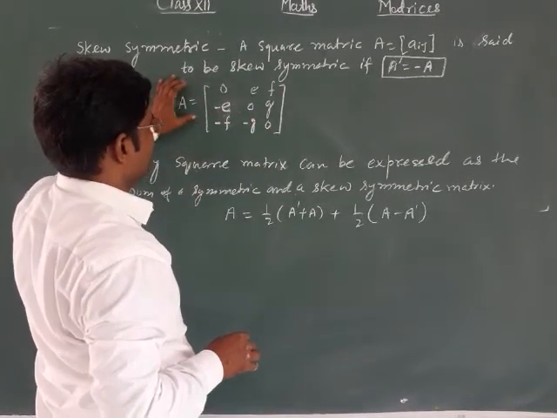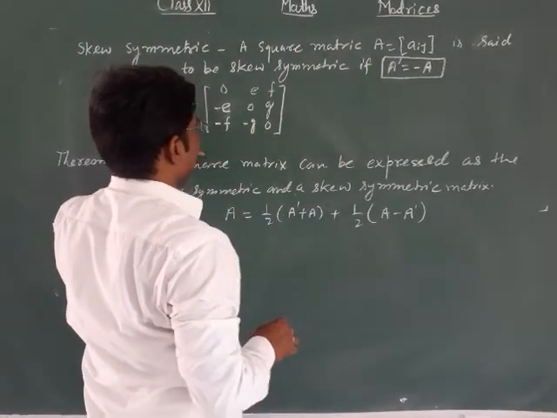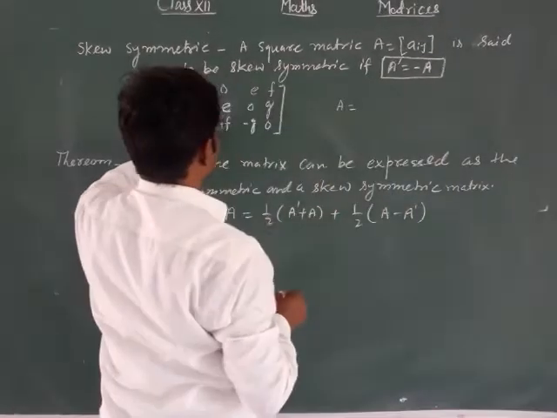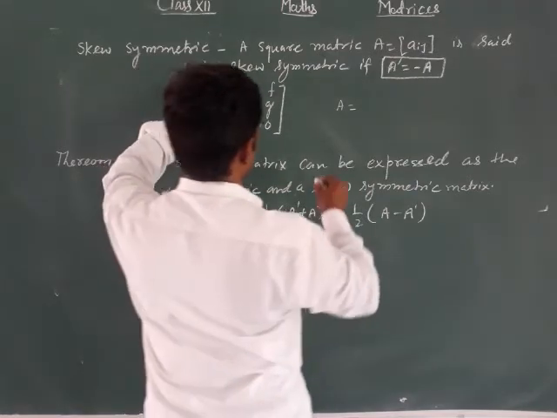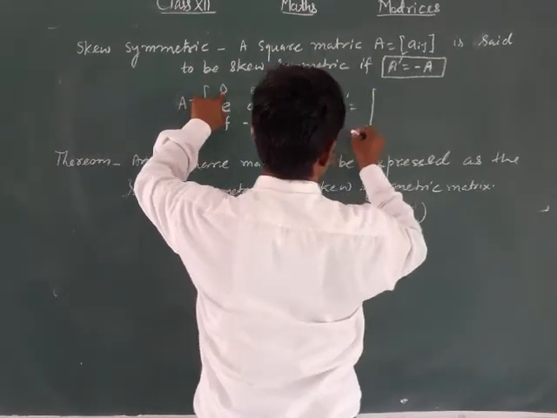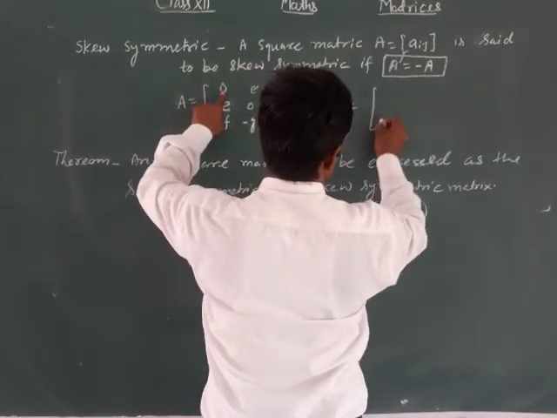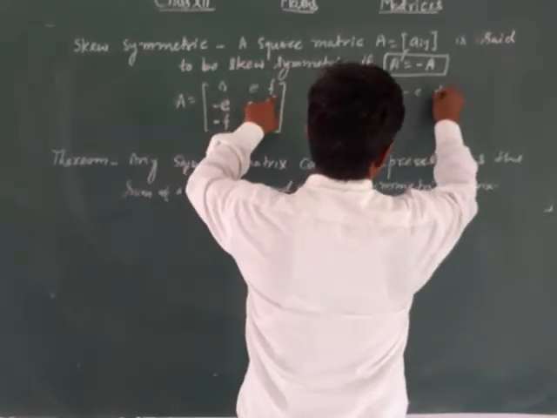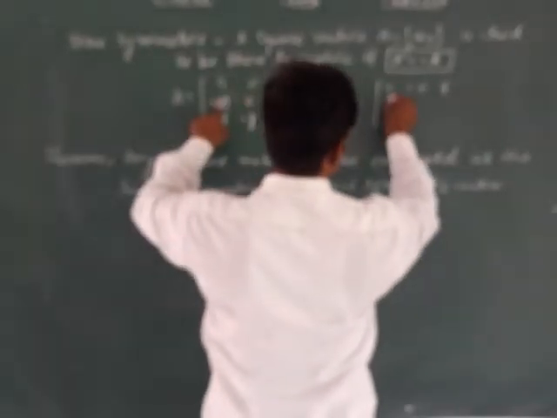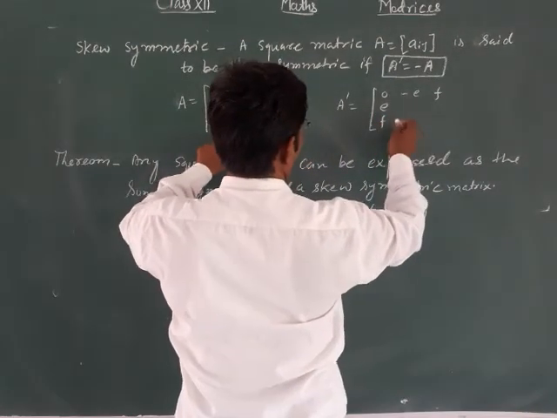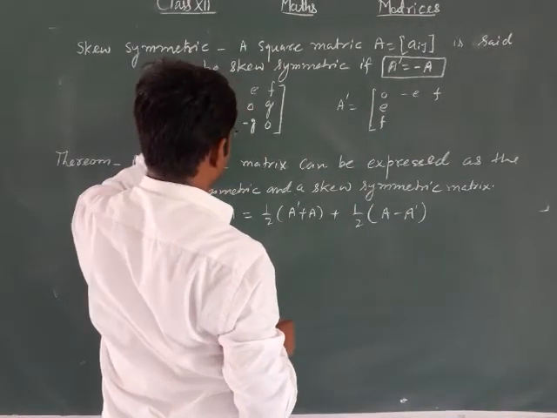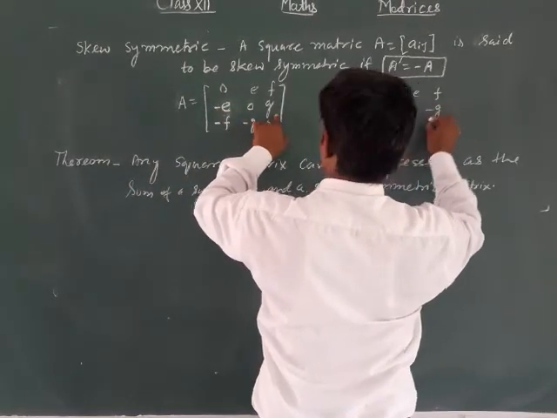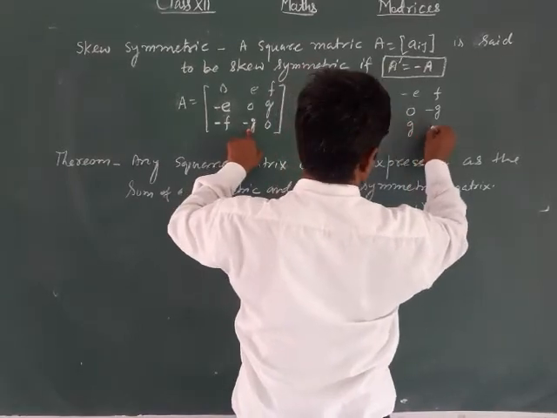So A dash is equal to, changing row to column and column to row: 0, minus E, minus F, E, 0, minus G, F, G, 0.